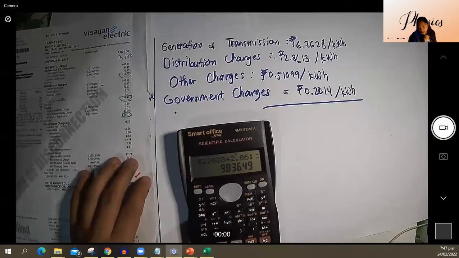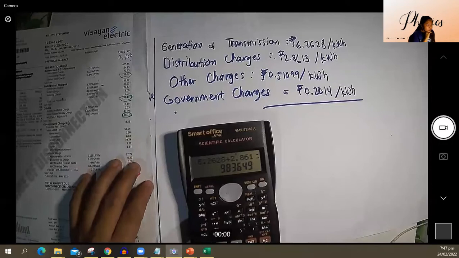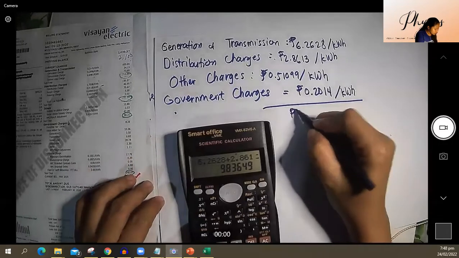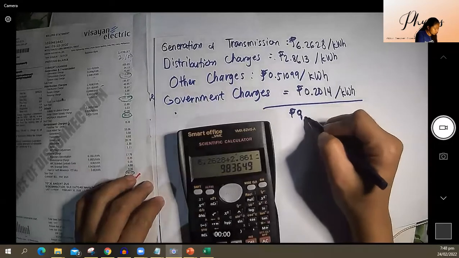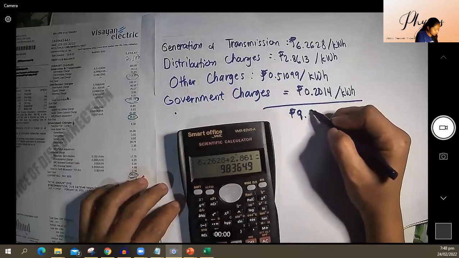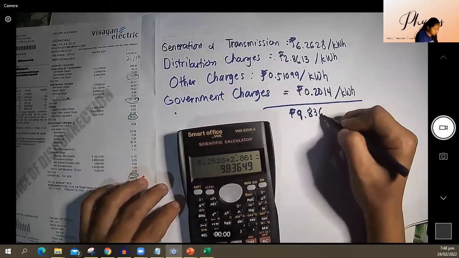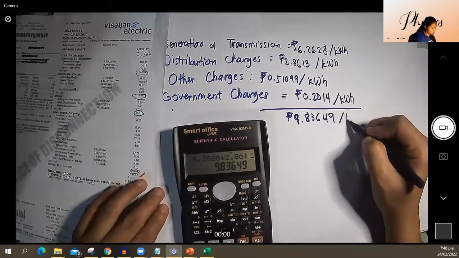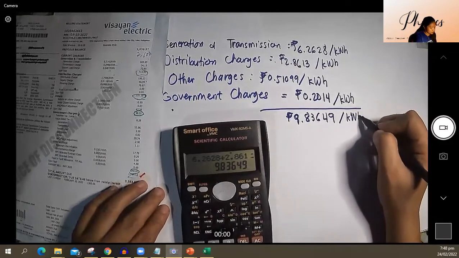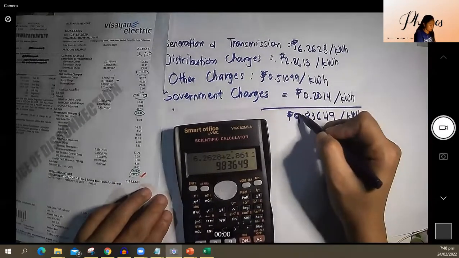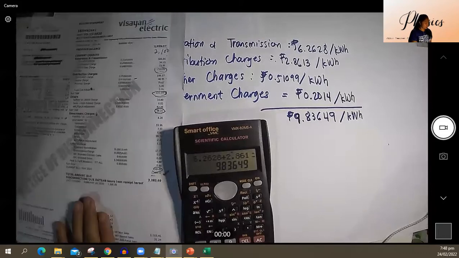Okay, so the total for this one is 9.83649 per kilowatt hour. Okay, so this is the amount per kilowatt hour in general.